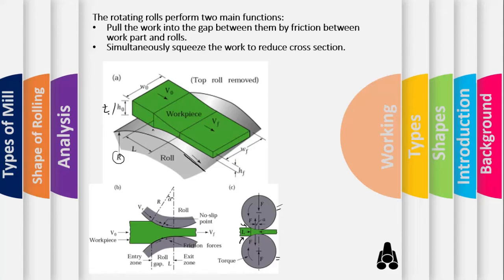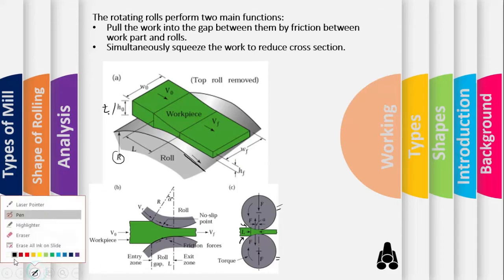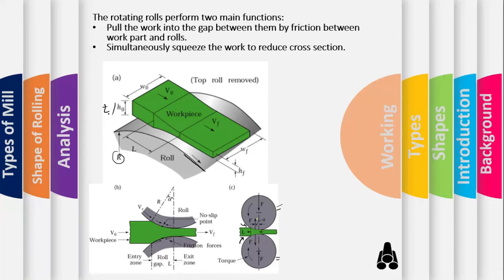Then there's a contact length between the roll and the workpiece. So this is the contact length, that is L, and we have some final width wf and the final thickness tf or hf.